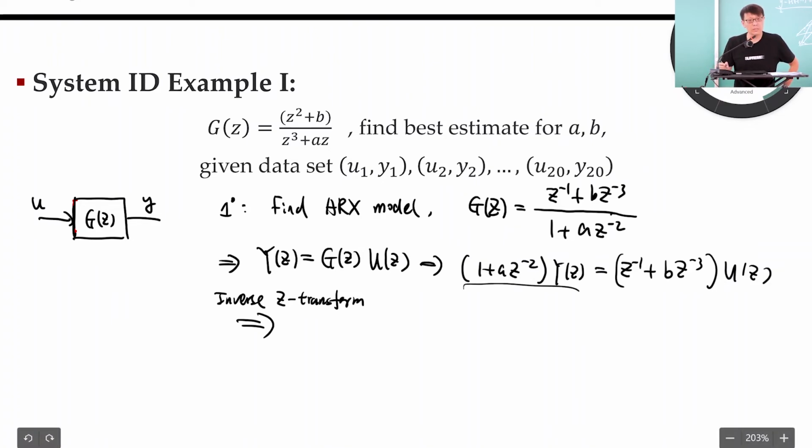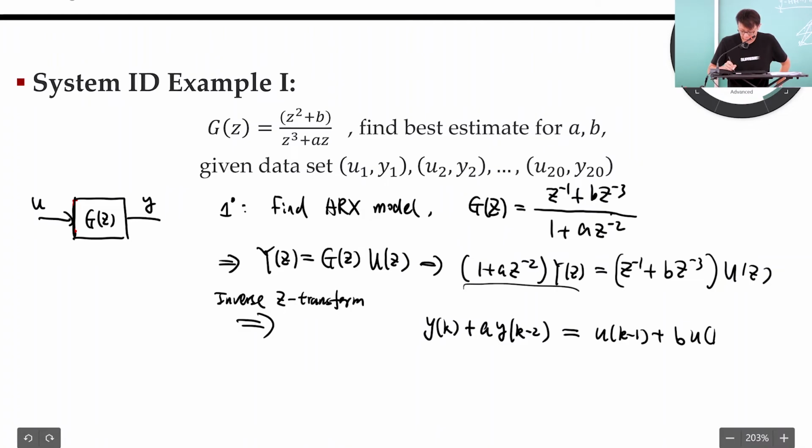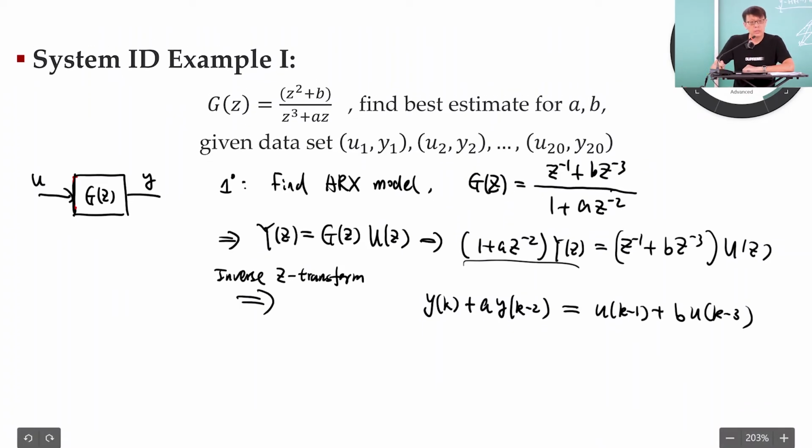This is nothing but a time delay, depending on how many steps you delayed. So in time domain, this will be y k plus a y k minus 2, assuming zero initial state, equal to u k minus 1 plus b u k minus 3. That's basically a delay relationship. So z inverse is a delay. If you use MATLAB Simulink, you can see that directly.